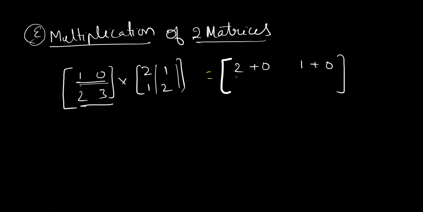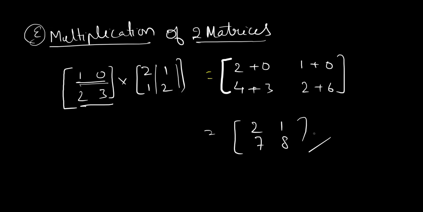Then 2 into 2 is going to be 4, plus 3 into 1 is going to be 3. Again, 2 by 3 into 1 2: 2 ones are 2 plus 3 twos are 6. So our answer is going to be 2 1 7 8. This is how we do a 2 by 2 matrix.